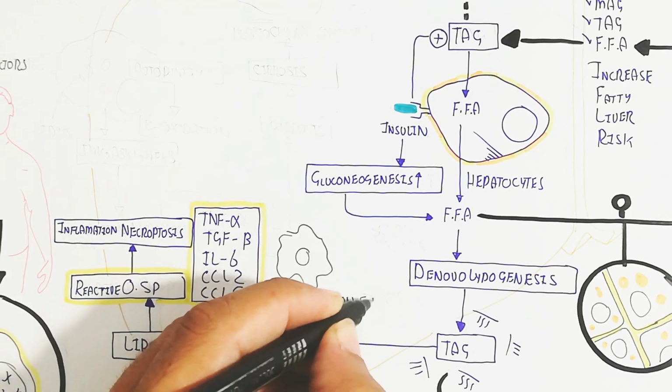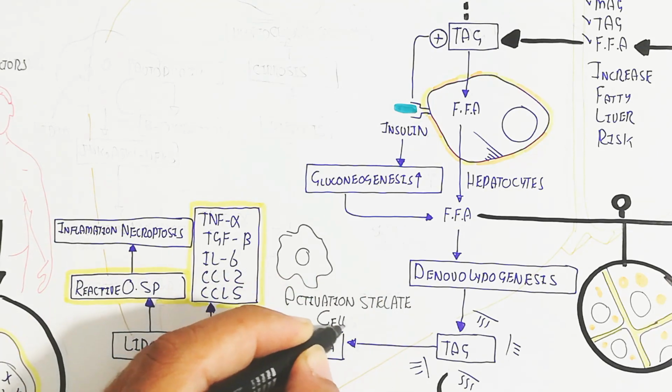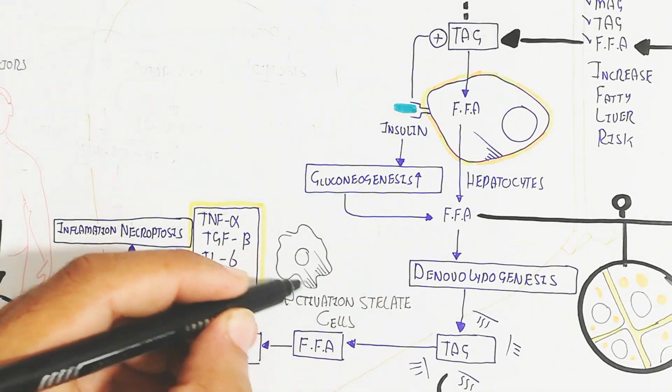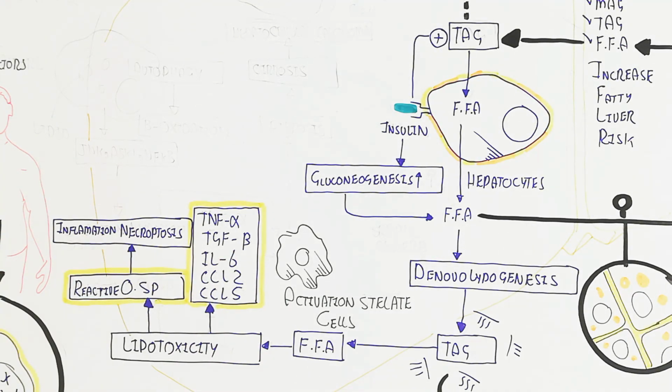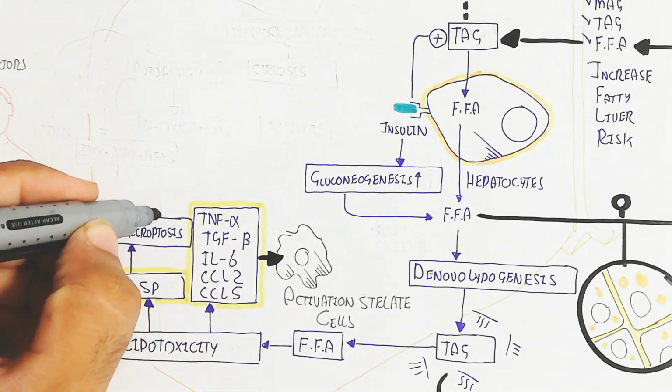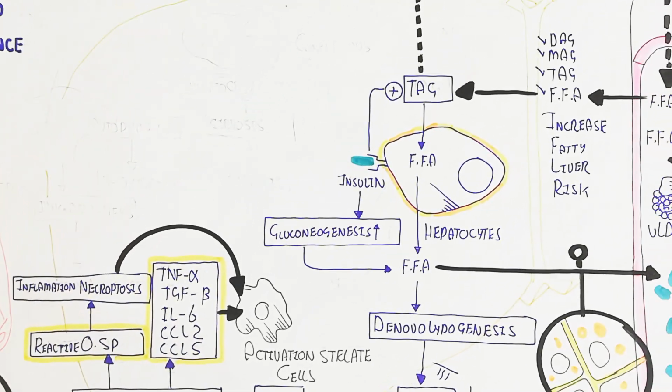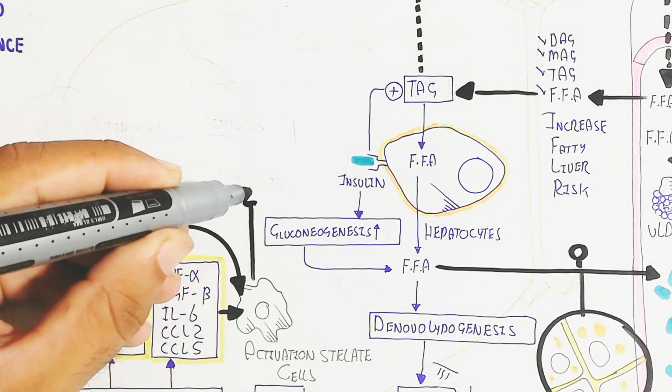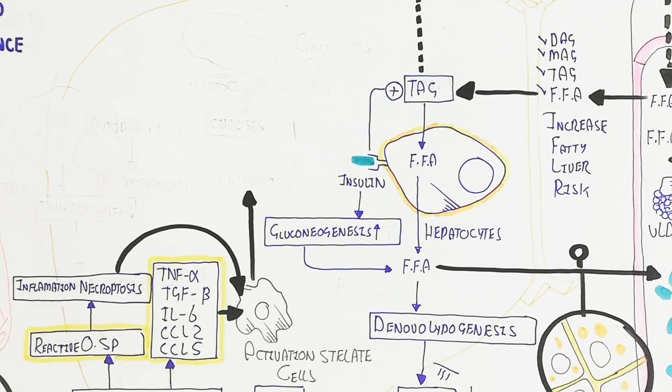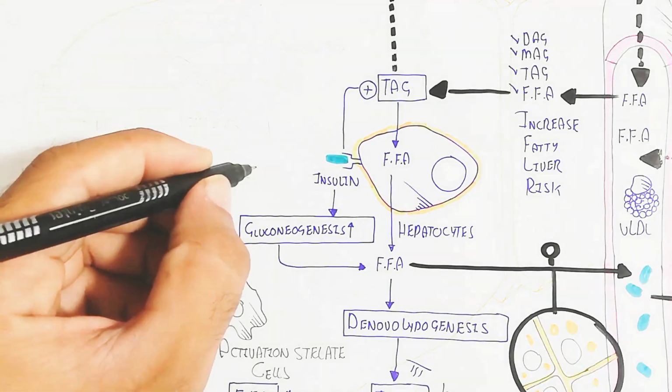After the fatty liver, the activation of stellate cells will lead to fibrosis and cirrhosis. This is irreversible liver damage. In this, reversing the fatty liver again is impossible due to the fibrosis and cirrhosis.